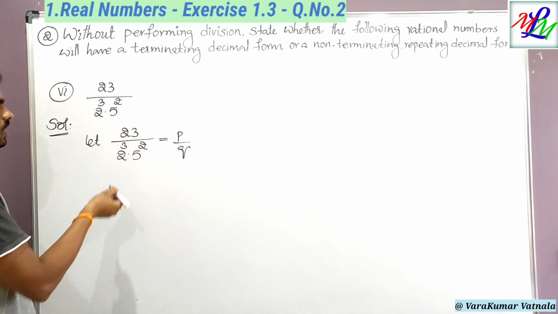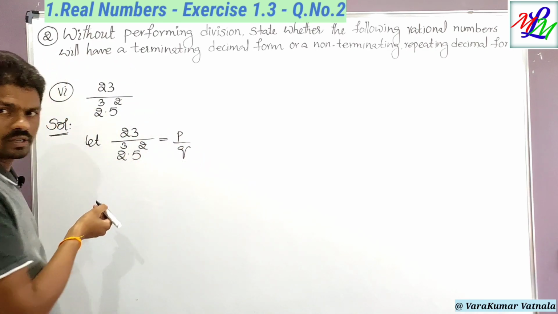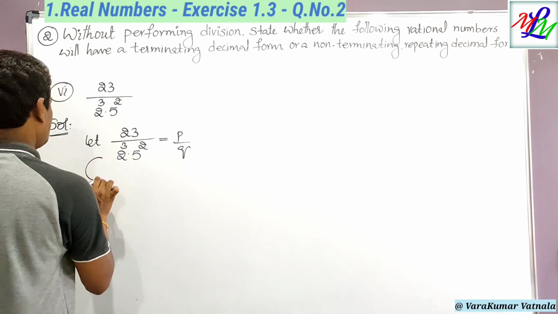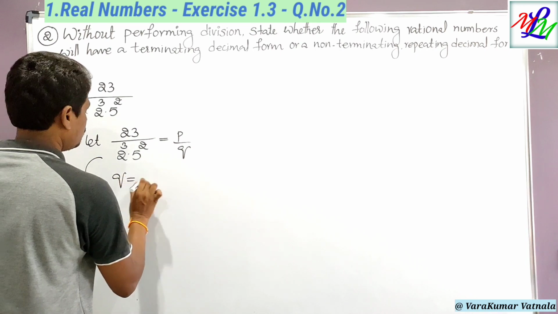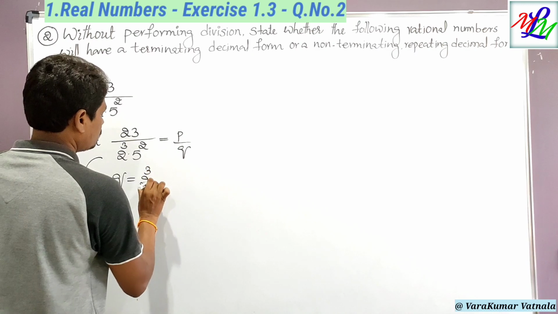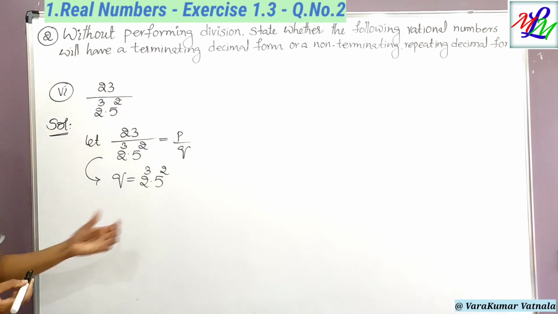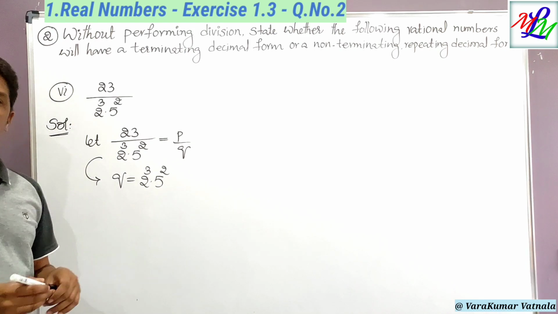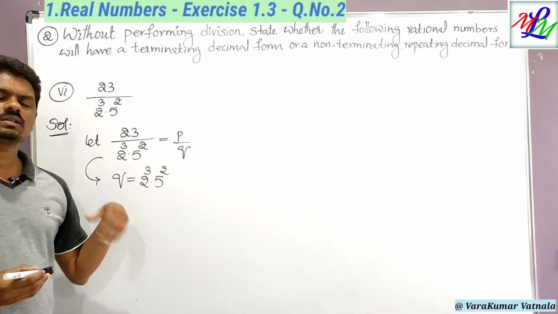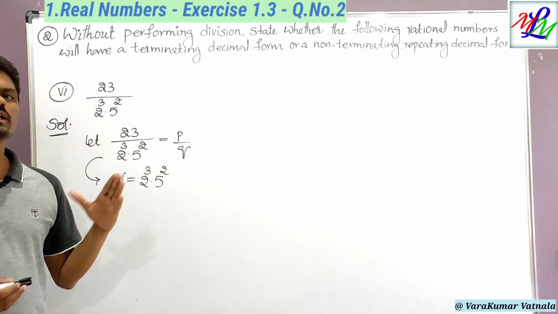Here there are no common factors for both numerator and denominator. So we can say q is equal to 2 to the power 3 into 5 to the power 2. So directly it is in the form 2 to the power n into 5 to the power m. So the given rational number will have a terminating decimal.